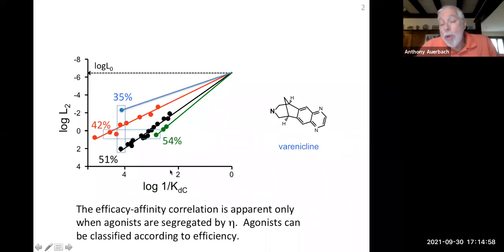And so you can't really tell from efficiency or from agonist structure anything about KD. I can't predict KD from structure. All I know is it's probably going to be in the on rate. What catch is, is the difference in the affinity, not in the off rate. But I don't know how to measure on rate from structure. So I can't tell you anything about the structural basis of catch.